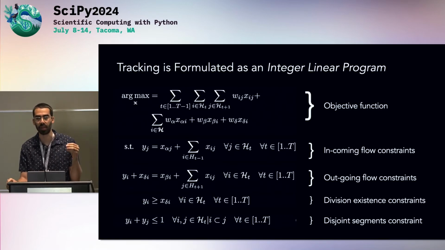So when a cell divides, it triggers this slack variable, and you're penalized. Otherwise, we would have unnecessary divisions, and once you pay that price, it bifurcates.